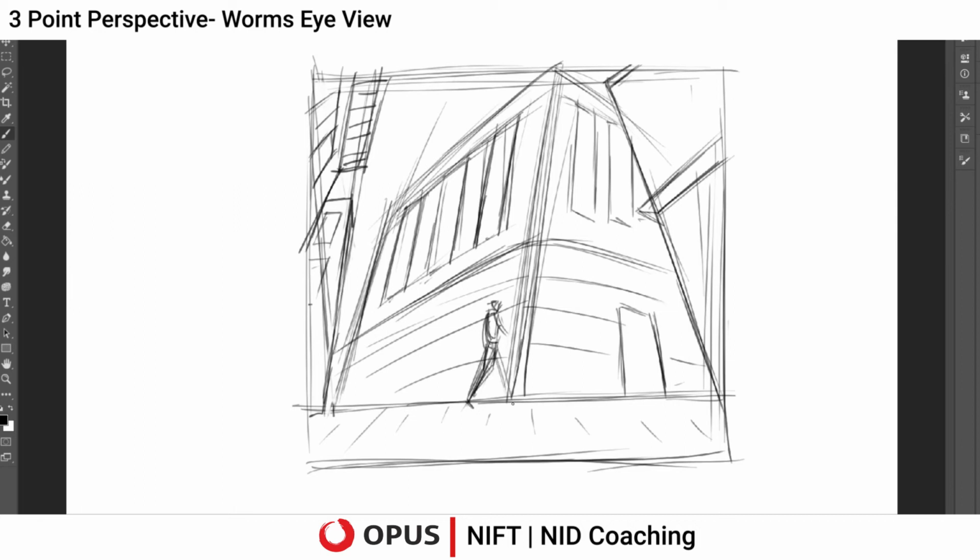So see, you can draw the legs a little longer. Suppose we can create the figure a little bit downward so that it balances with the composition.